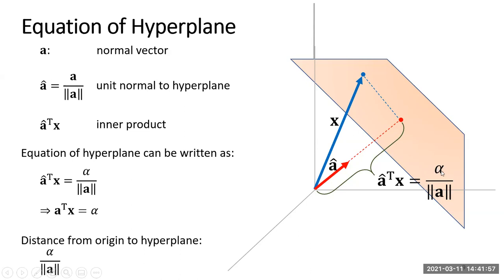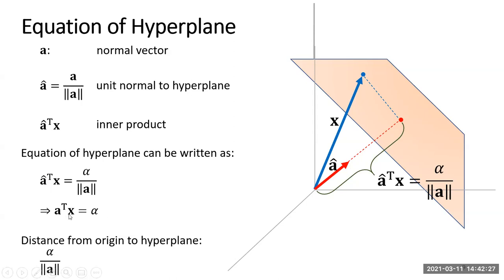I express this as alpha divided by the length of A. So the equation of the hyperplane can be written as A hat transpose X equals alpha over length of A, but given A hat equals A divided by length of A, this implies A transpose X equals alpha, where alpha is some constant.